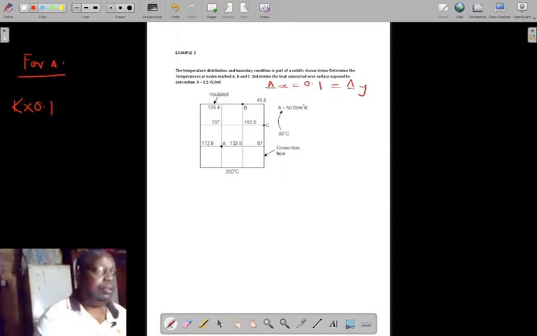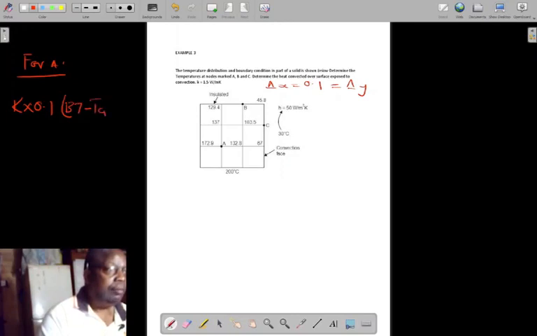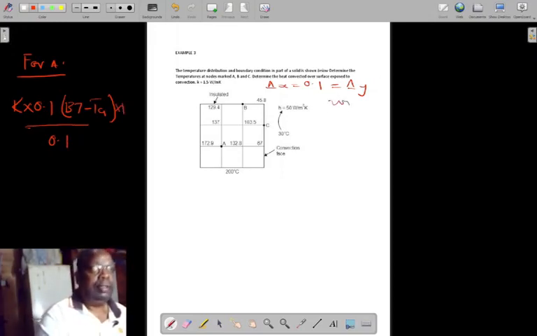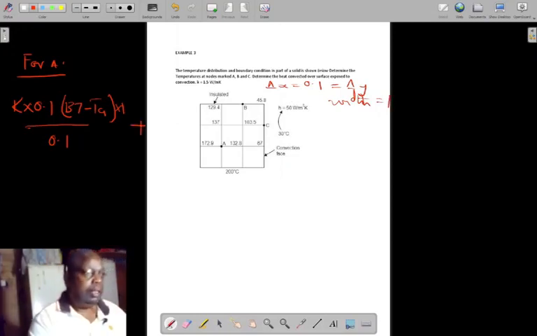So we have k times 0.1, looking at A and this surface here, 137 minus TA over 0.1, and the width is 1, and we'll add to that.